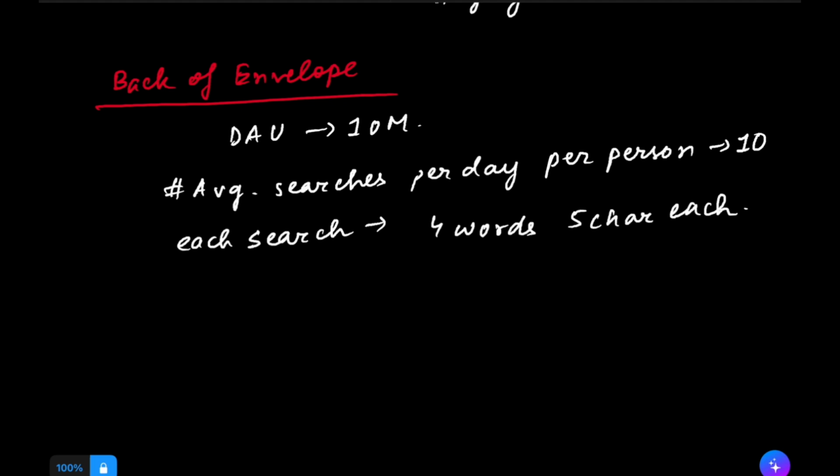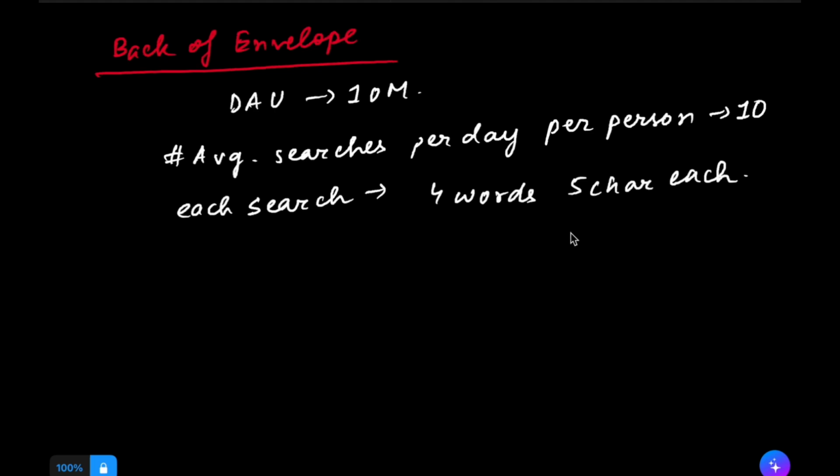So how this autocomplete suggestion actually works is, suppose I type T. Depending on T, I will have tree or Twitter or something related to any word beginning with T. Whenever I write TW, then tree vanishes, and I will have Twitter, Twilio, something like that.